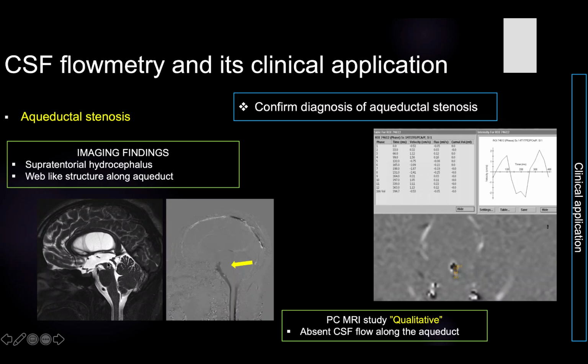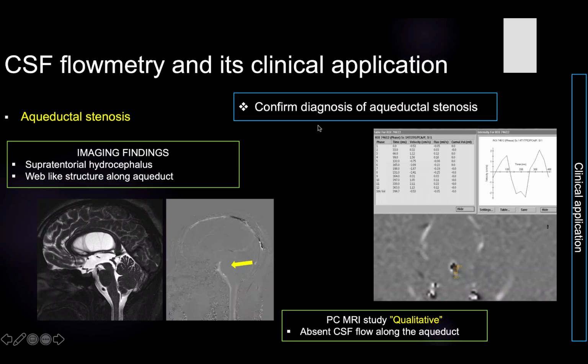So we usually suggest that the obstruction is at the level of the aqueduct of Sylvius. Sometimes we can also see a small web in the aqueduct of Sylvius, but usually we are not sure about this. We always suggest that the level of obstruction is at the aqueduct of Sylvius, but we are not sure.